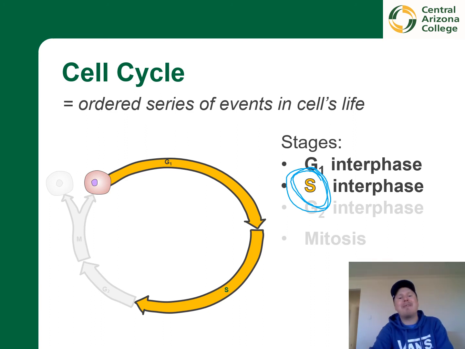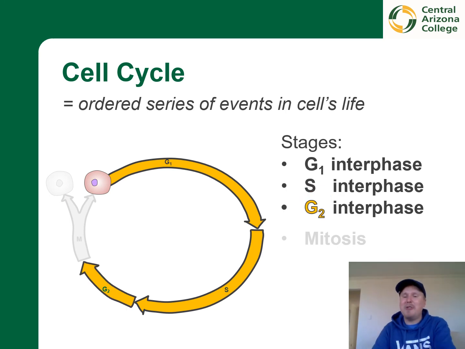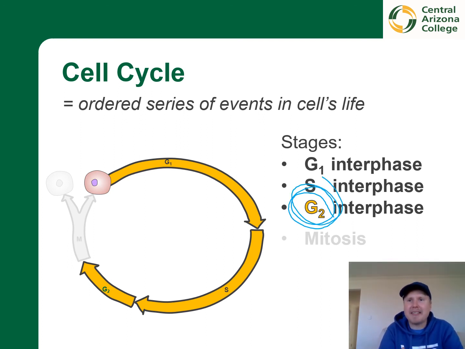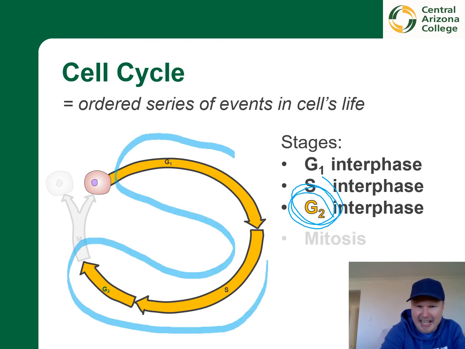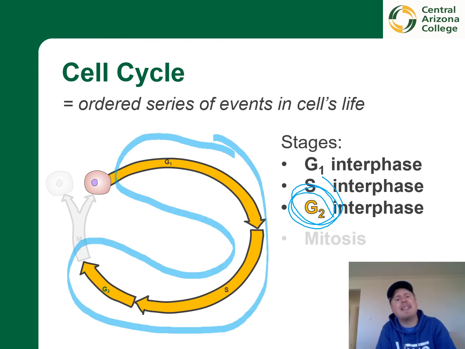Now we are ready to move on to the G2 interphase. At this point, the cell grows even more in size, and now it is going to start to get ready to divide into two. So at large, all of these stages focus on the growth and doubling the DNA of the cell.